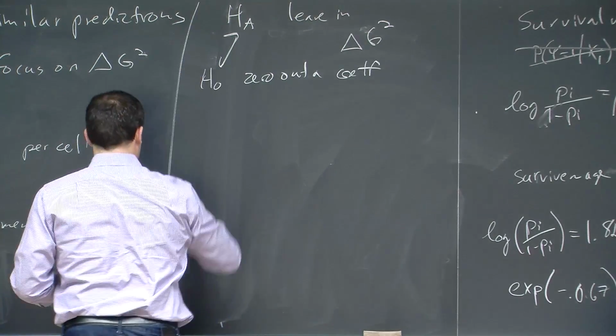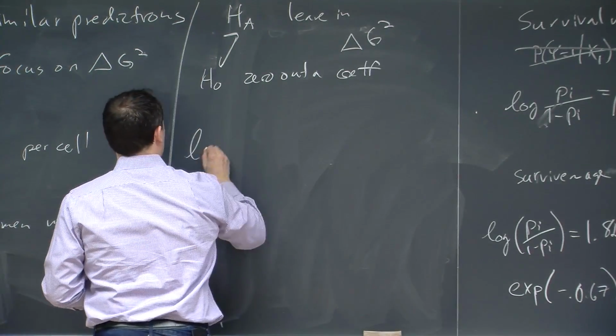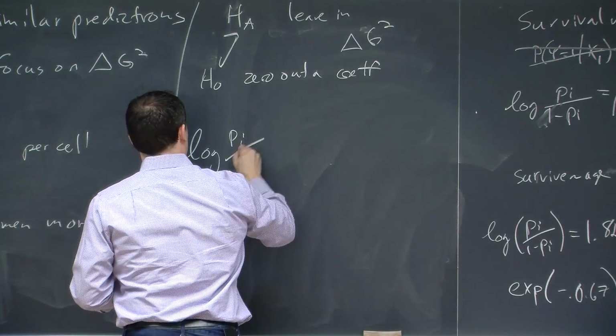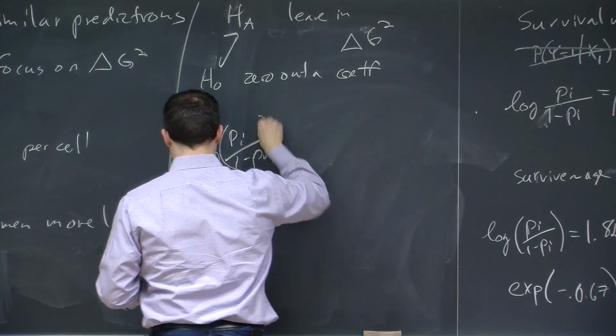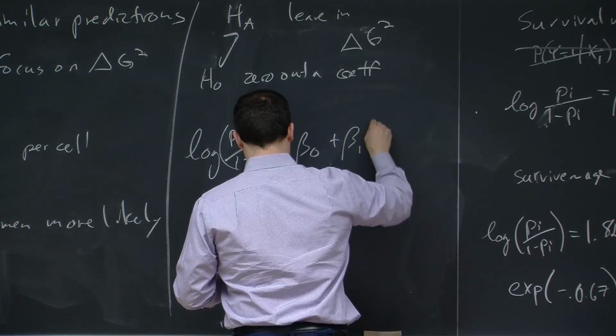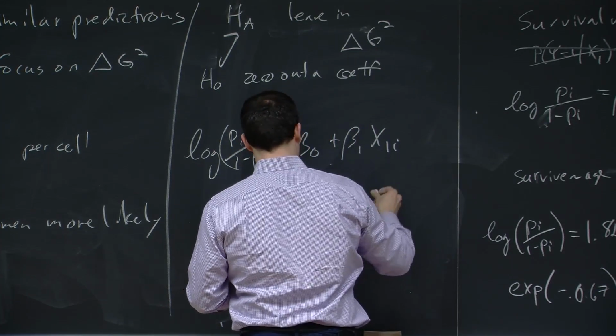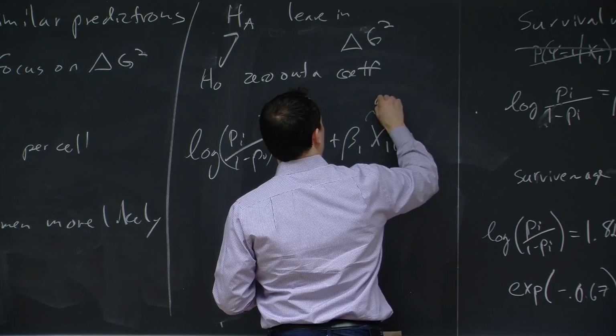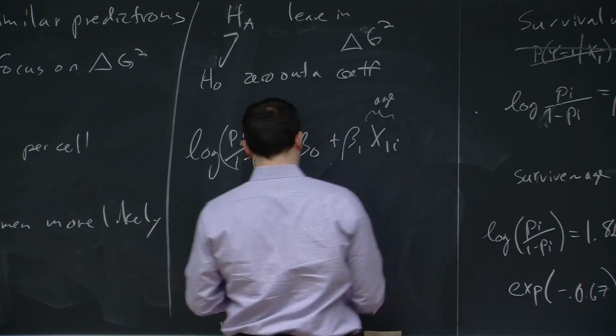So that model would look like log of pi over 1 minus pi is equal to beta naught plus beta 1 x1i, where this is the age of person i.